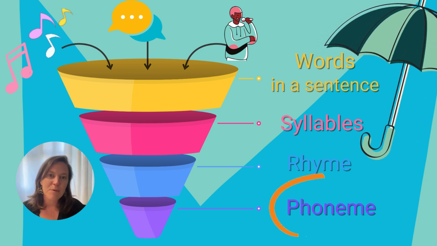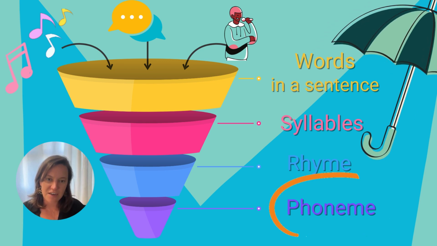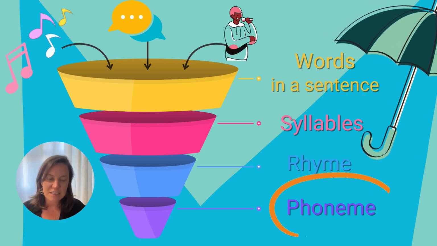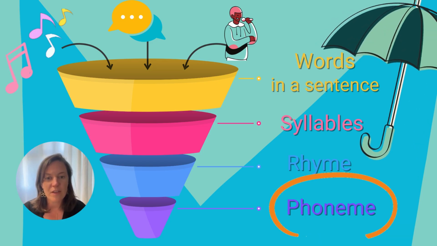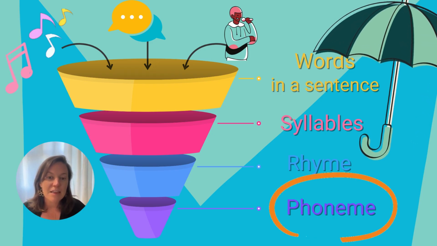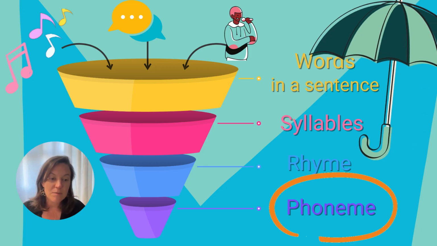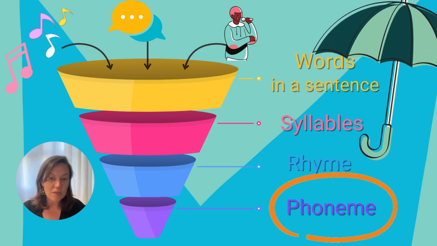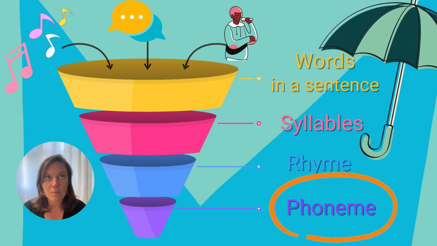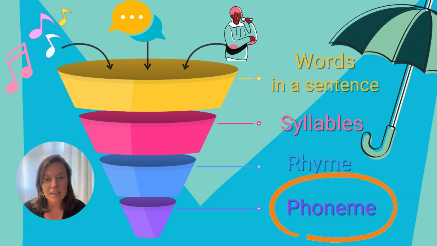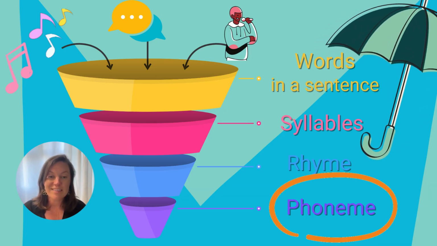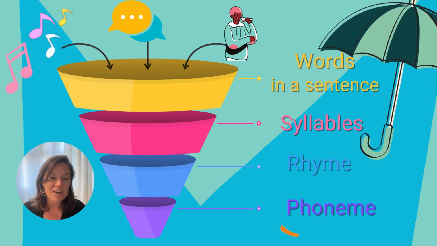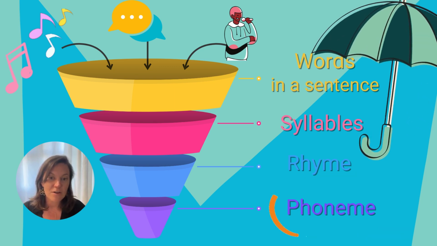For the purposes of focusing on our students with dyslexia, we are going to narrow in on the level of phonemes. And that is because phonemes are the most important sign of a student who might struggle later with dyslexia, and the strongest predictor of later outcomes in reading.